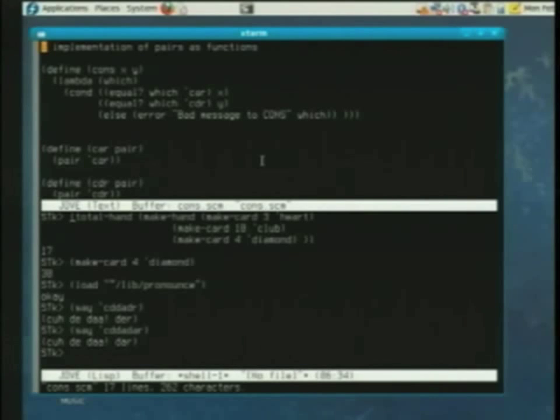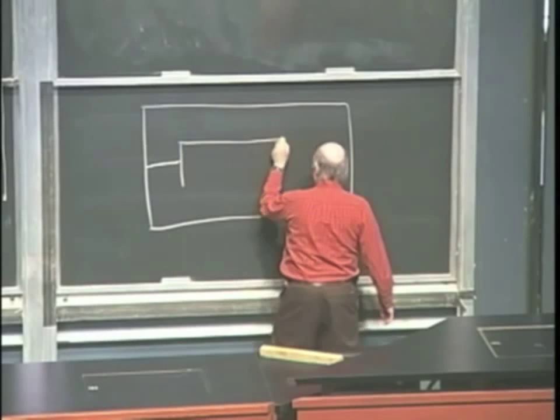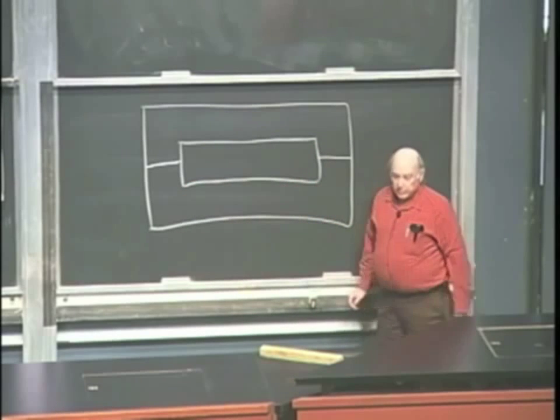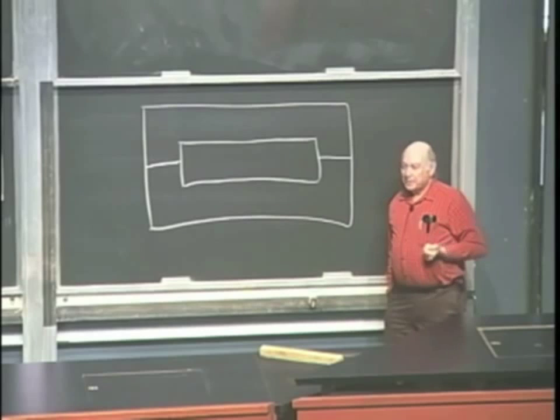The main way that we use pairs, though, is not for things like rational numbers, but as the implementation strategy for a list. A list abstractly is just a sequence. In the book, you will find a lot of pictures that look like this. This is an abstraction diagram.